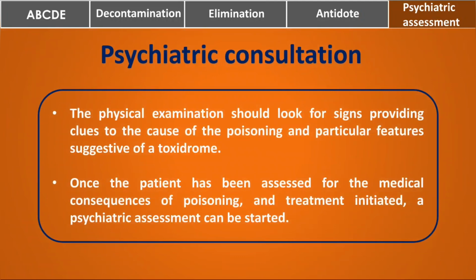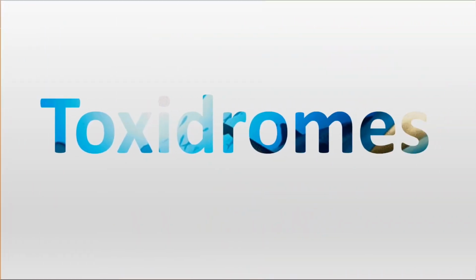Then the physical examination should look for signs providing clues to the cause of the poisoning and features supportive of a toxidrome. Once the patient has been assessed for the medical consequences of poisoning and treatment initiated, psychiatric assessment can be started to know whether the patient is having any suicidal ideas and also to prevent further episodes of what happened.